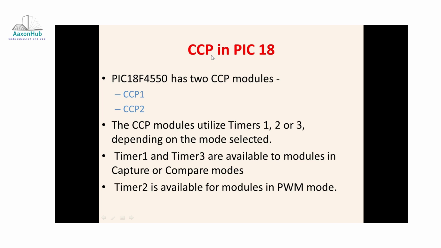Out of these, Timer 1 and Timer 3 are always available to the module in capture or compare modes. So these two will be utilized in either capture mode or compare mode of operation, whereas Timer 2 is exclusively used for PWM mode.